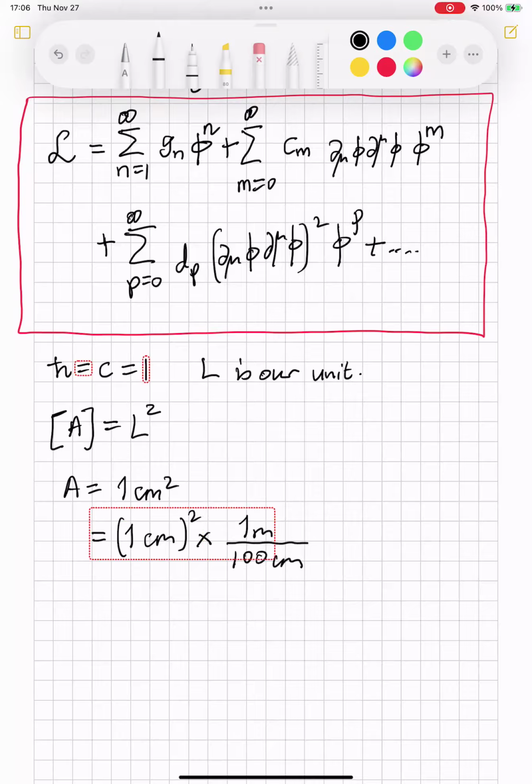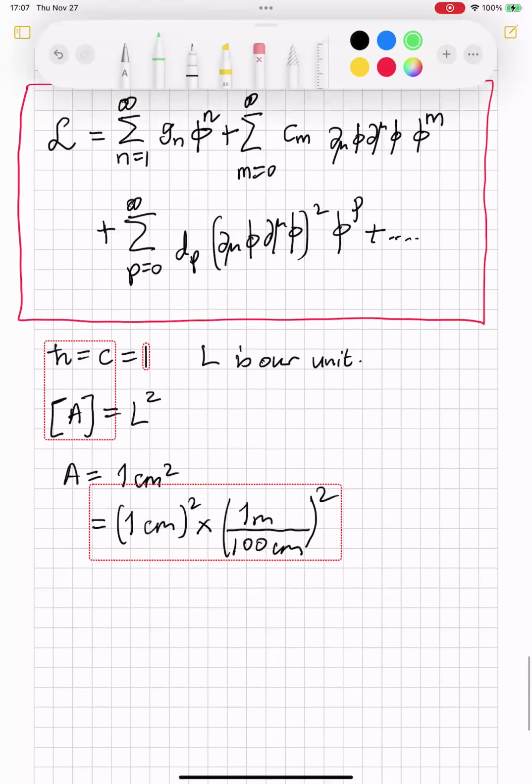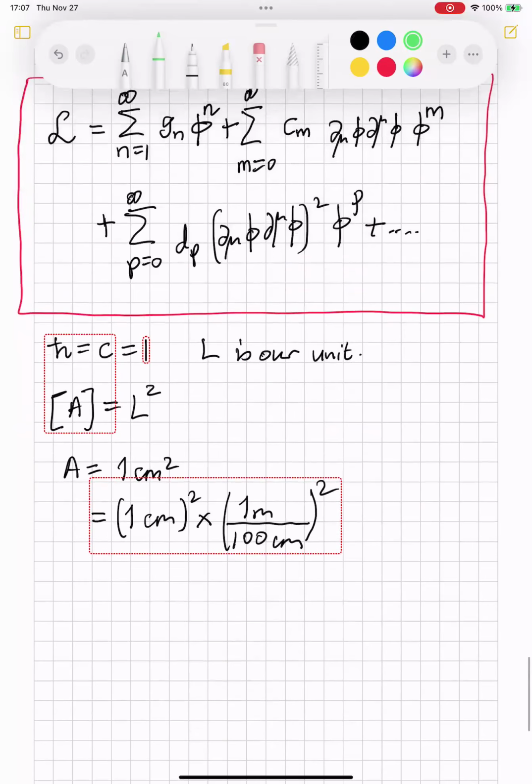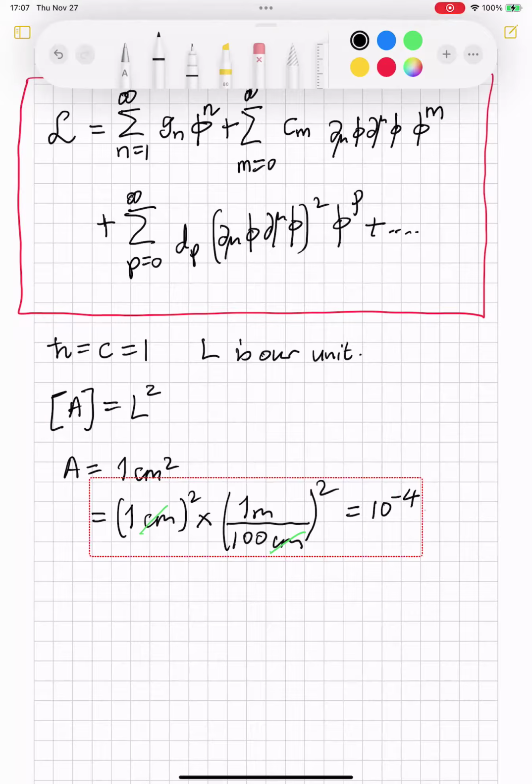And of course, that's just one because 1 meter is 100 centimeters, and I'll square this. So the advantage of doing that is that now the centimeter over here cancels with the centimeter over here, and I end up getting 10 to the minus 4 meters squared.